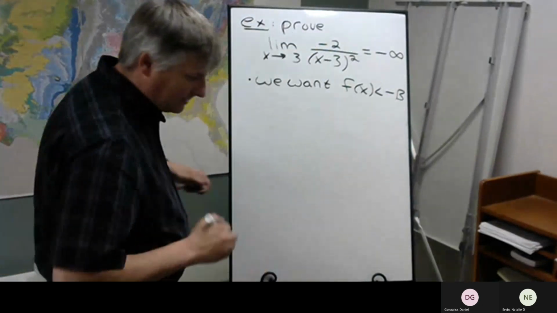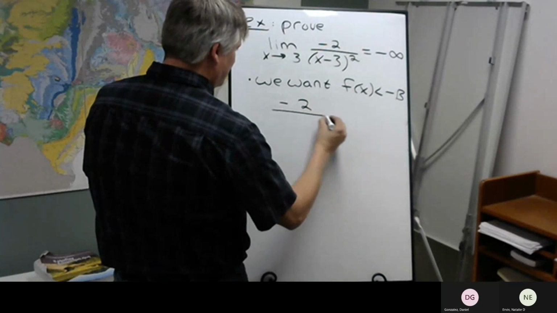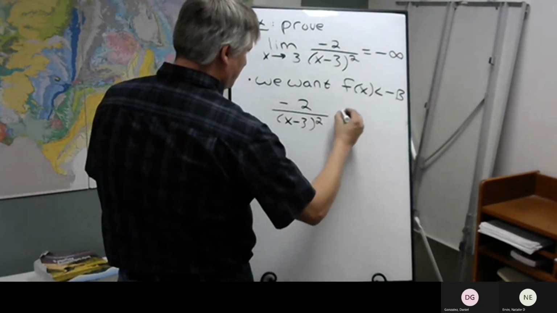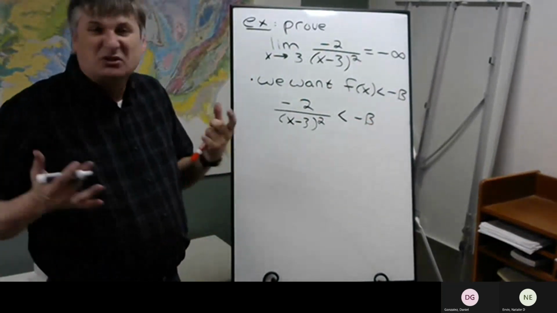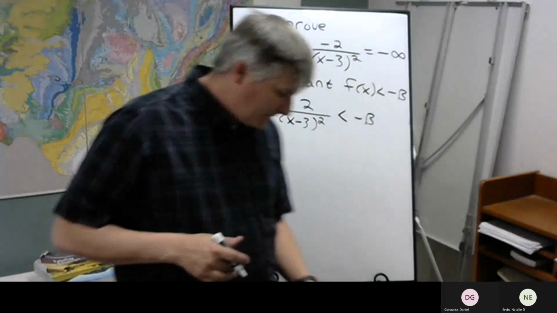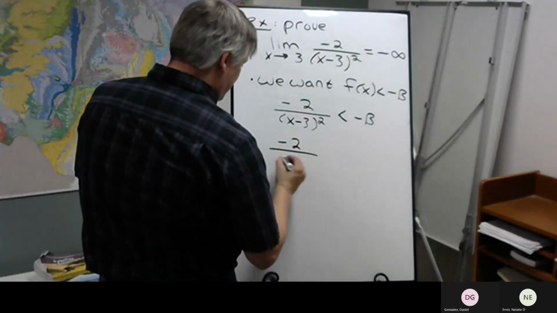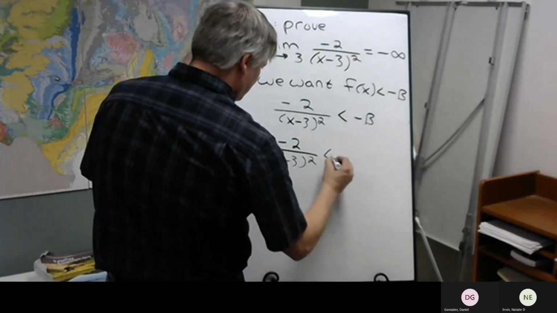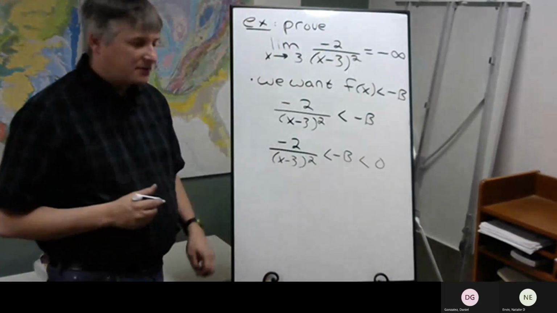So that being the case, f of x is this. And b could be a million, a billion, a trillion, something. So we can make this observation that because negative b is negative, it's going to be less than 0.